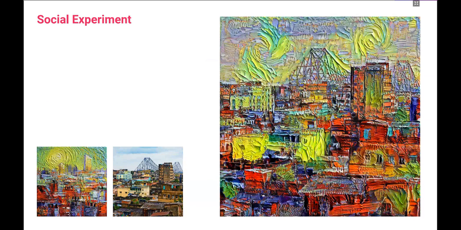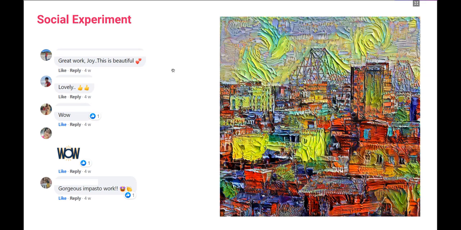I also ran a social experiment with this, wherein I took a random painting and projected it onto an Indian city. I am from India, and I projected it onto an Indian city. And this was the output on the right, and I uploaded it on social media.